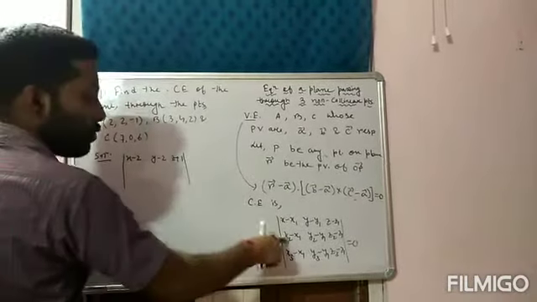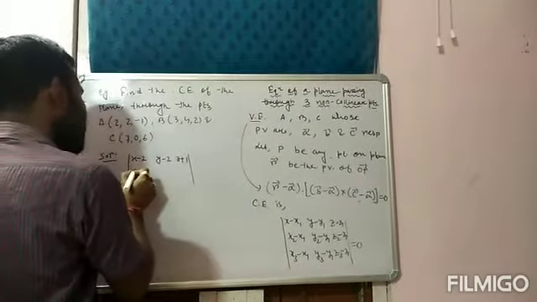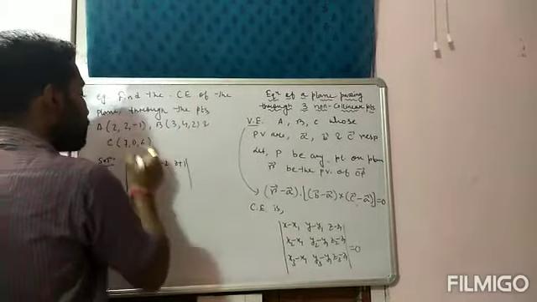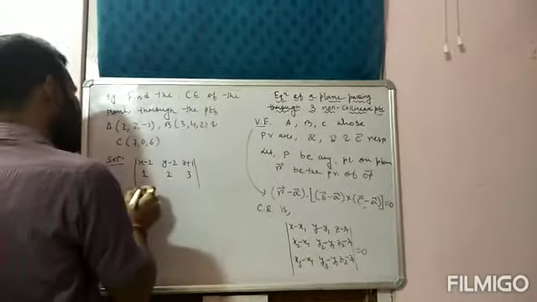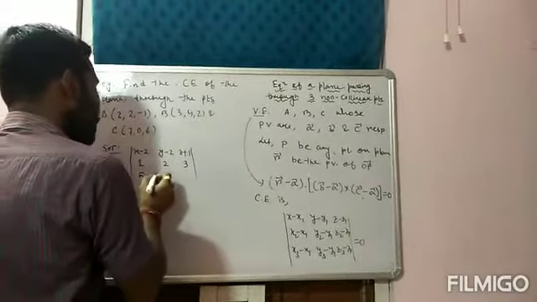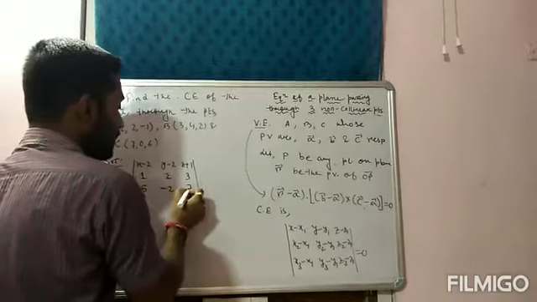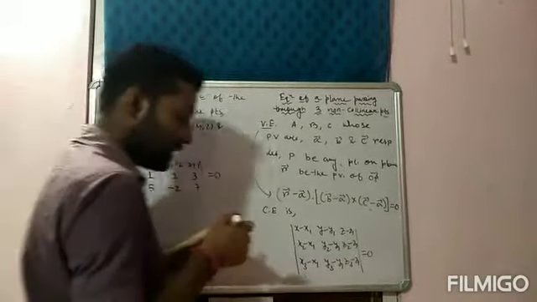Similarly now x2 minus x1, 3 minus 2, that is 1. y2 minus y1, 4 minus 2 is 2. z2 minus z1 is 3. x3 minus x1, 7 minus 2, that is 5. y3 minus y1, 0 minus 2 is minus 2. z3 minus z1 is 7. This is equal to 0. You have to write 0.